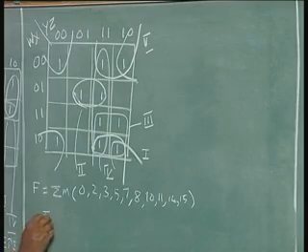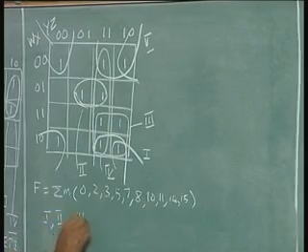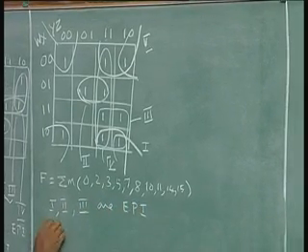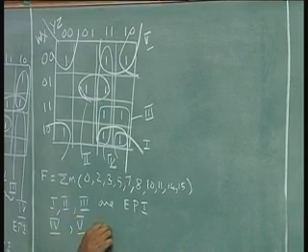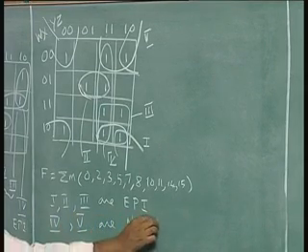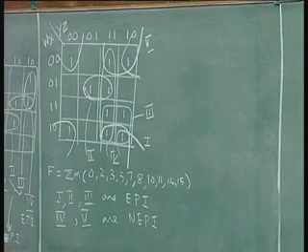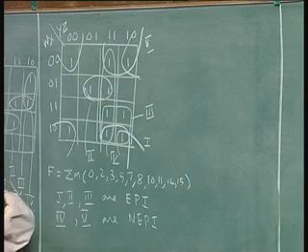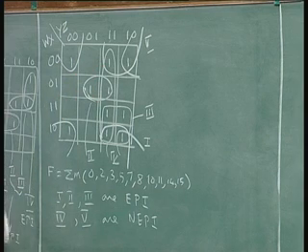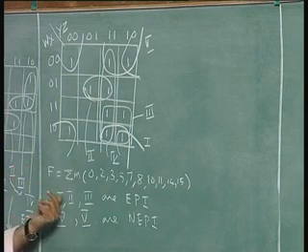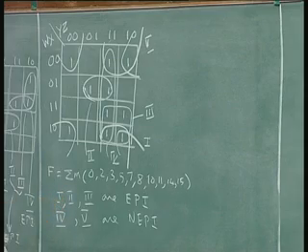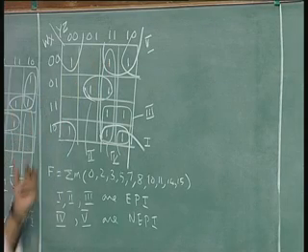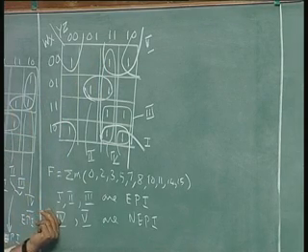So, 1, 2, 3 are EPIs, 4 and 5 are non-EPI, but it is enough if one of 4 or 5 is included, because 4 and 5 both cover this one, which is the only one that was uncovered. After considering 1, 2 and 3, the only entry in the truth table which was not covered in our simplification was this entry, which will be covered either by this or this.